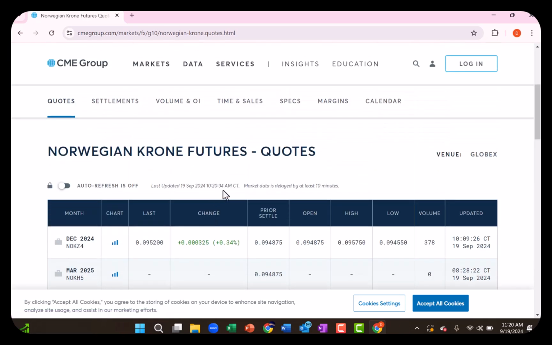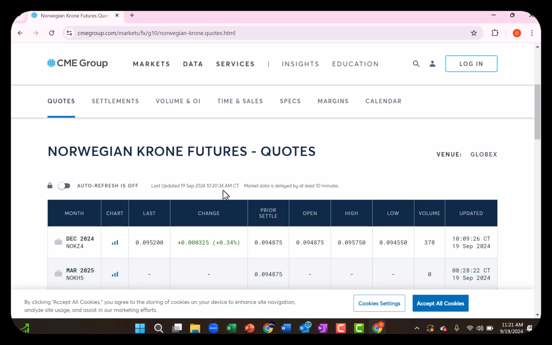In US based exchanges, the prices on futures contracts are always the value of one foreign currency in US dollars. So if you see 0.0952, that means one Norwegian krone buys you 9.52 cents, or 100 kroner buys you $9.52. Okay, that's the exchange rate.